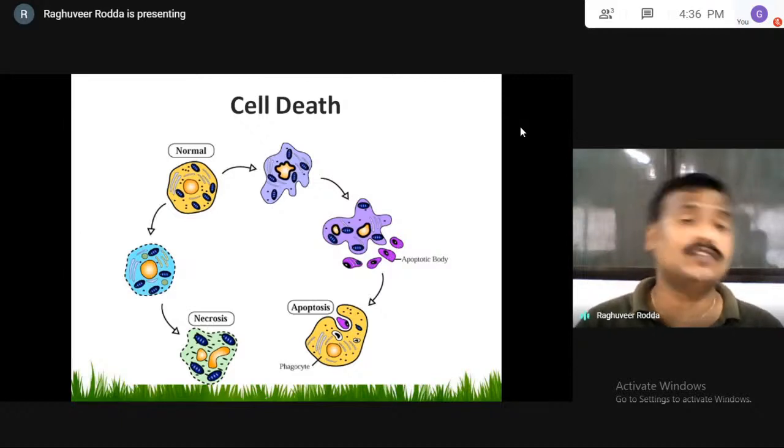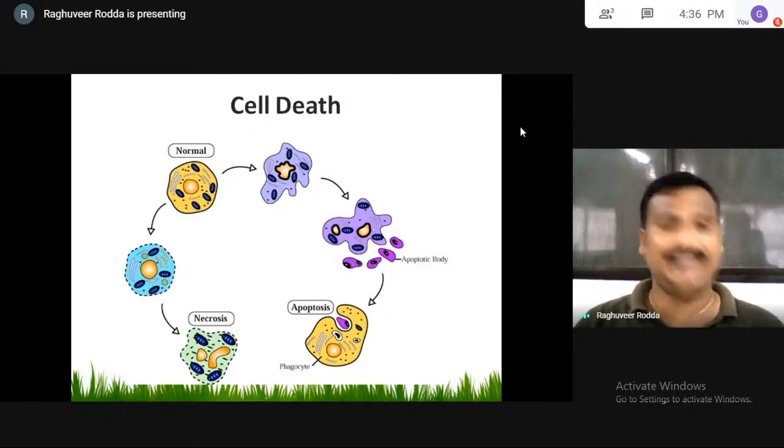So at one particular point of time, if the stress is not cleared, especially pathological stress is not removed from the cells, the cell definitely loses its functionality and moves to the process called cell death.